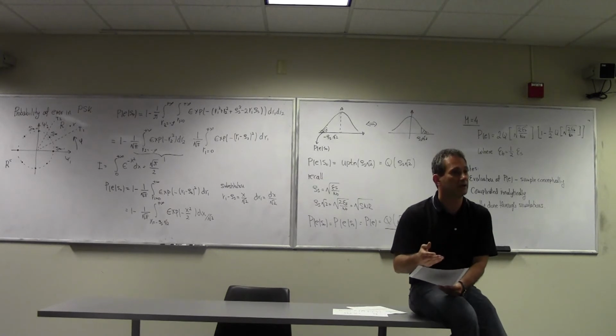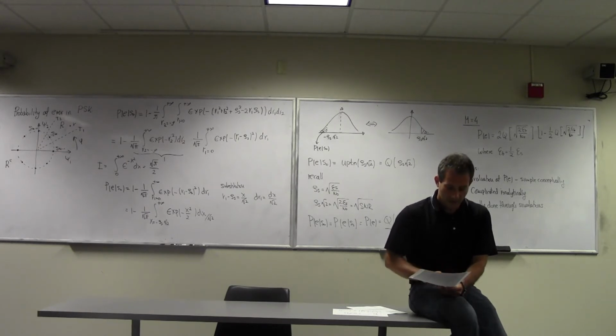I've thrown the dart and I made an erroneous decision. And I keep on throwing darts until I'm done with capital N darts. And at the end, I say results of ij, which is the result for a given Eb/N0 and for a given constellation, is equal to the number of errors that I've counted over the total number of darts that I've thrown. And I do that for all Eb/N0s, and then I generate a plot, and this is the plot here.